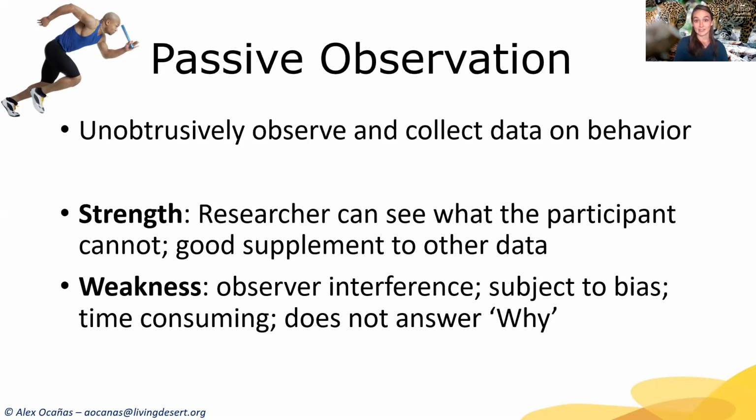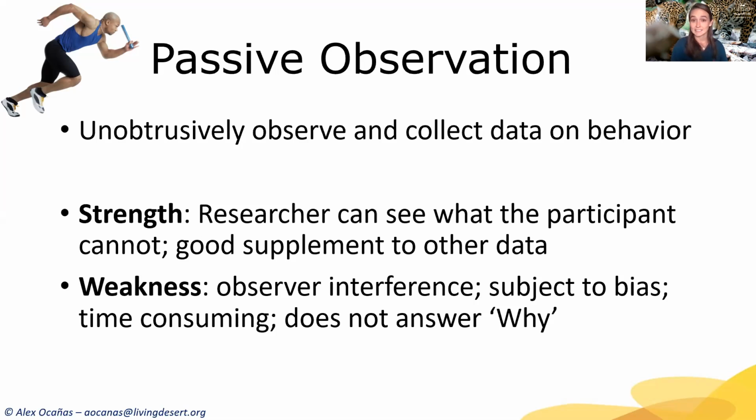And related to that, you will be able to sometimes see things that your participant won't be able to see. So there's information about the environment or the behavior that the observer can recognize and record, but the participant might be totally oblivious to it.